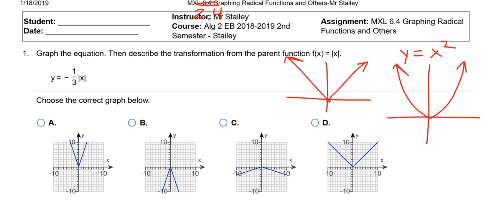Now, the multiplier in front of either one of these shapes causes it to either open up or down. If it's a negative number, like it is in this case, then it opens down.